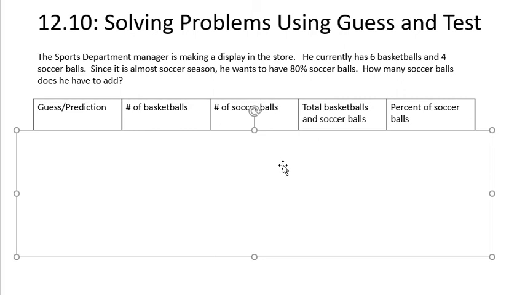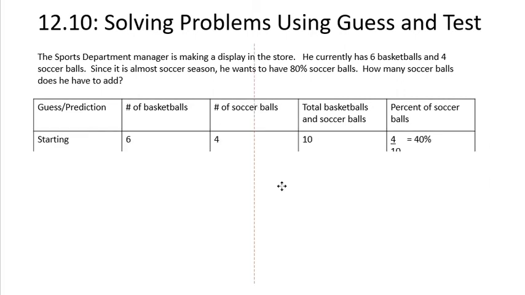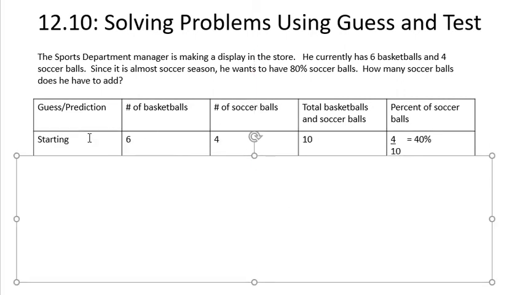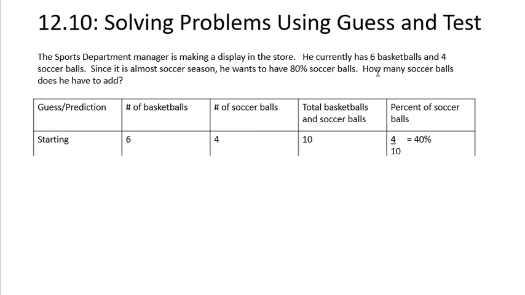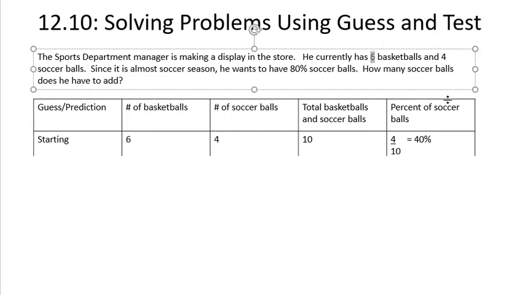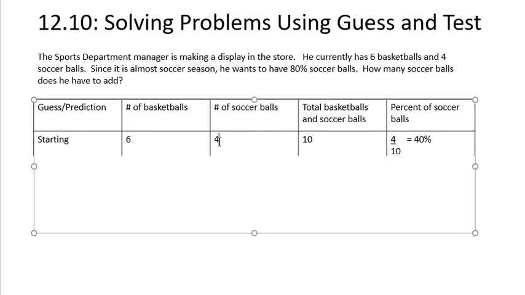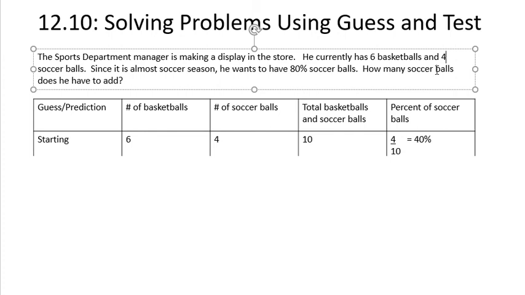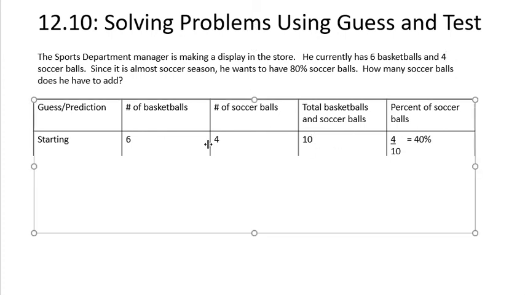So I'm going to give you my first row here, and this is what we're starting off with. This row is exactly what is already in my question. It's what we're starting with. So my number of basketballs, 6, I've taken from the question. Number of soccer balls is 4. I've taken that from the question. And my total number of soccer balls and basketballs is 6 plus 4 equals 10.